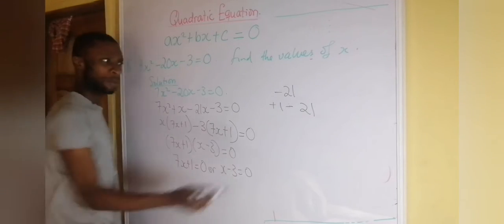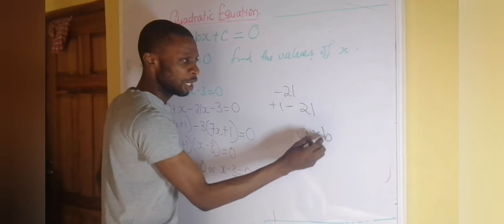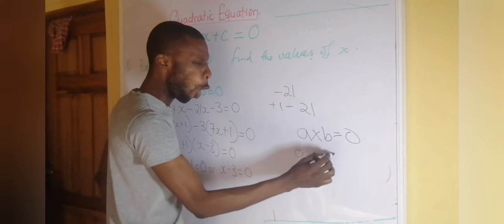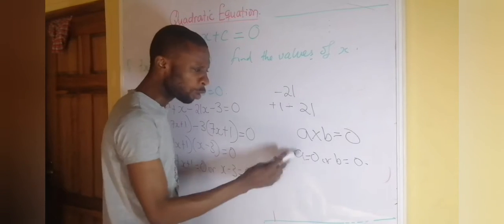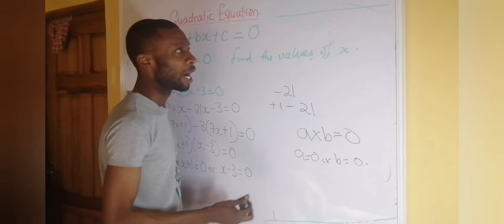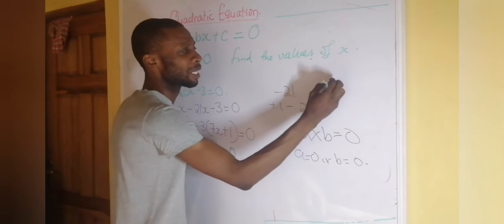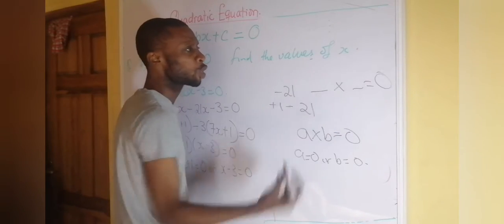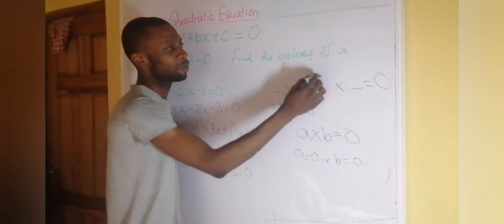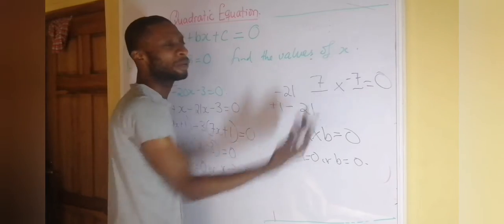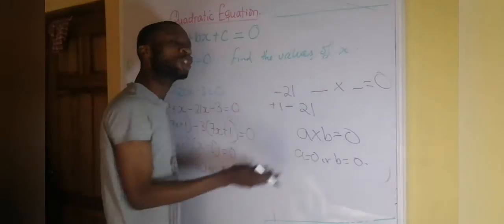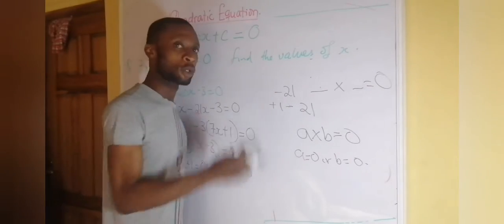For example, if a times b is equal to 0, logically either a should be 0 or b should be 0. You can't have two non-zero numbers that, when multiplied, give you 0. It's not possible. Like 7 times minus 7 can't give you 0. If two numbers multiply each other to give you 0, one must be 0.